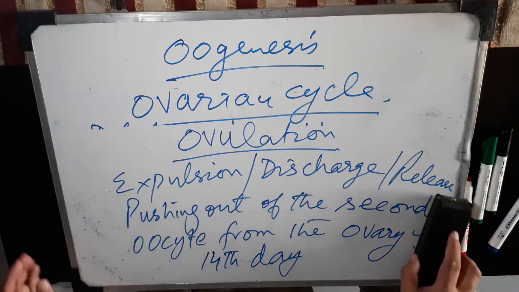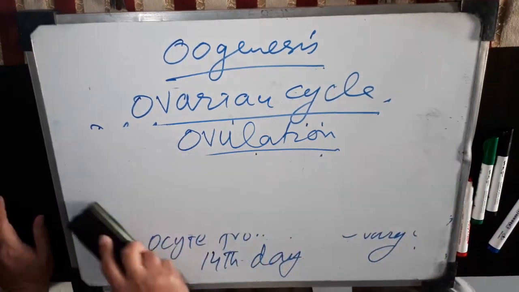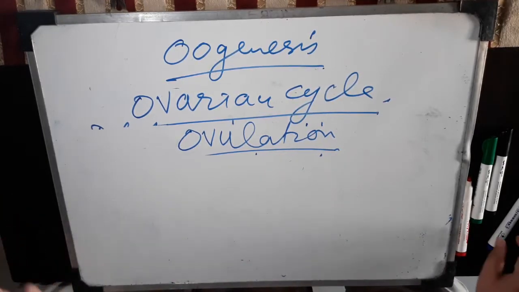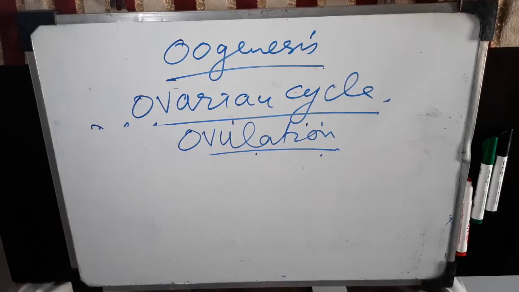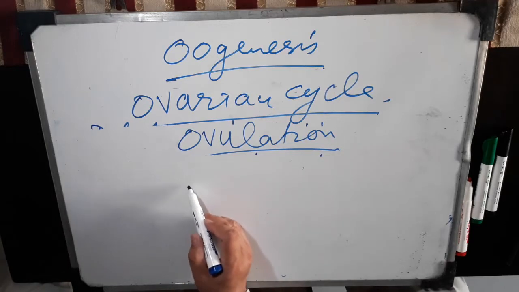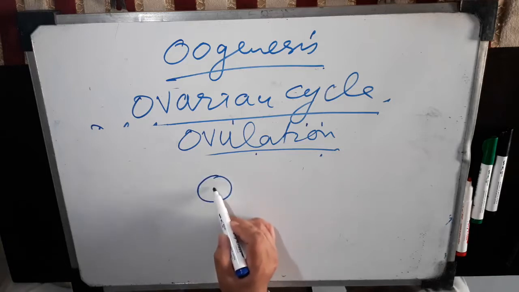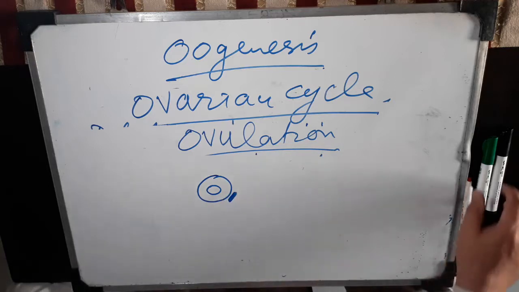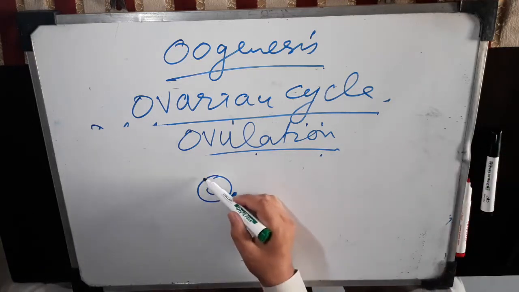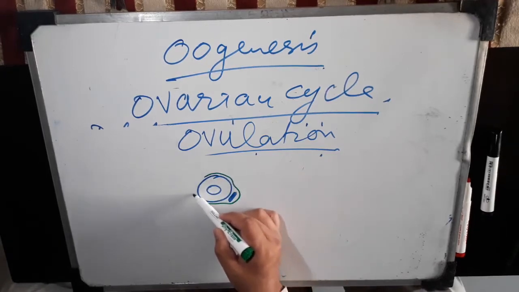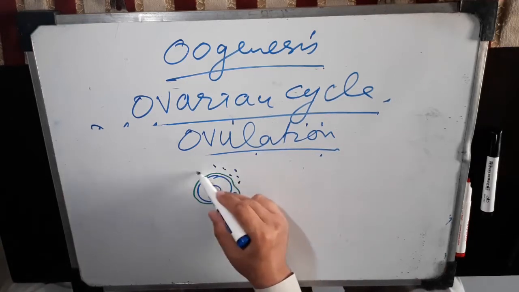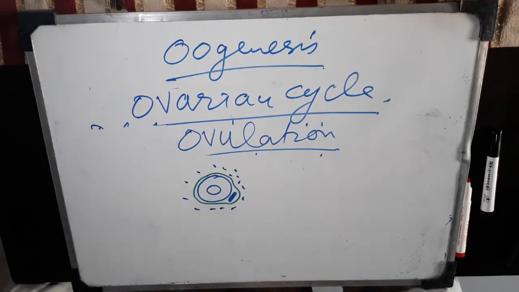It occurs on the 14th day, and the cell is at the stage of metaphase of the second meiotic division. Now the secondary oocyte, the polar body, the zona pellucida, and some cells of the corona radiata, these four things are discharged.